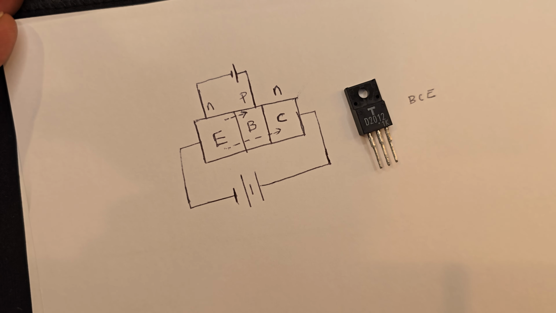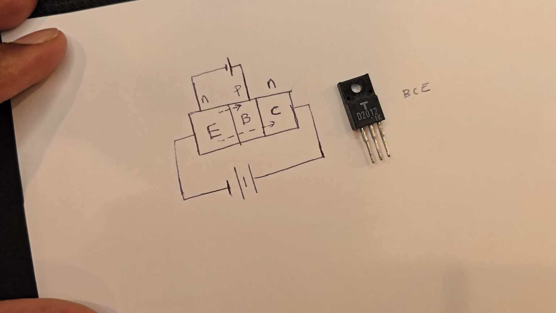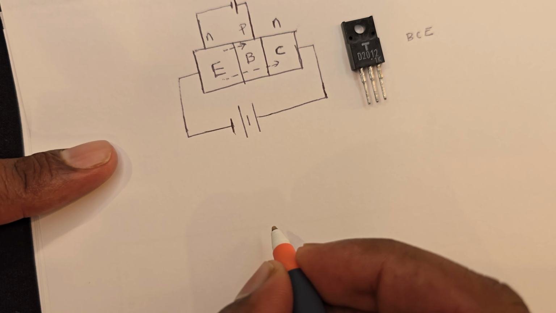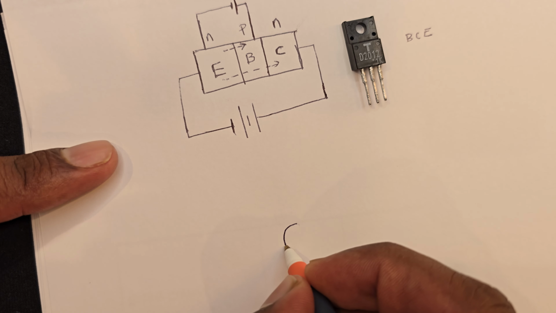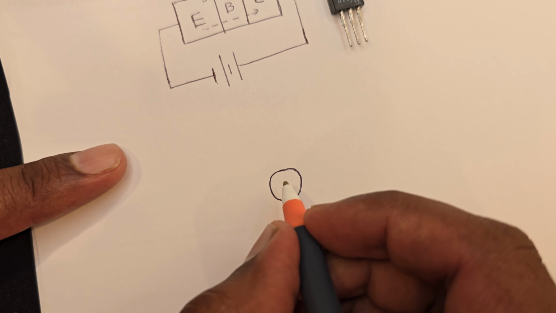Now let's go ahead and see how a transistor works in a circuit. This is an NPN transistor. Let's make a circuit. So let's draw a transistor. This is how we draw a transistor. Circle.